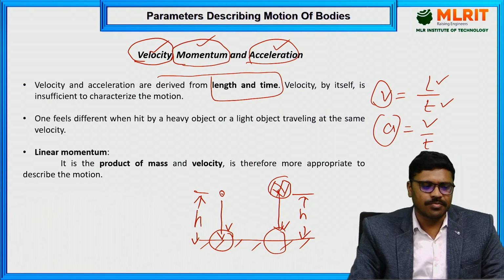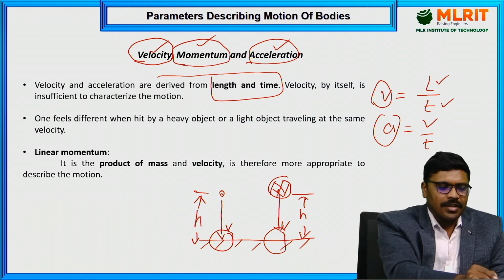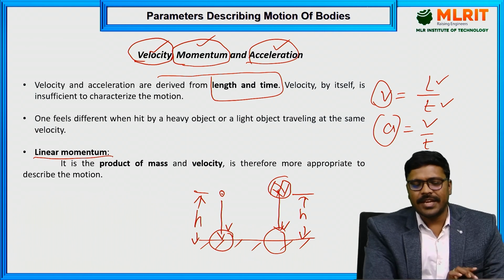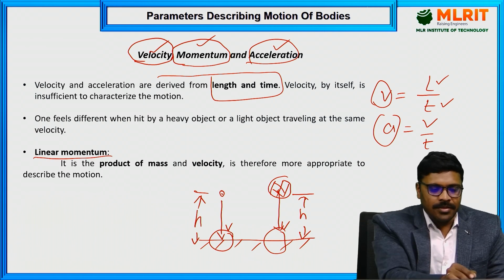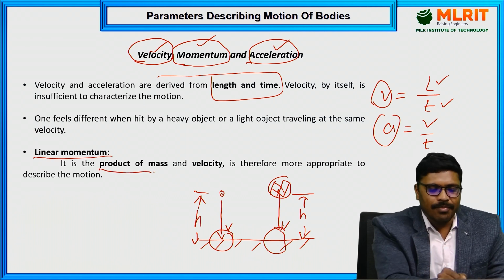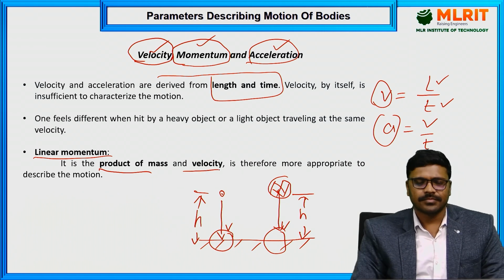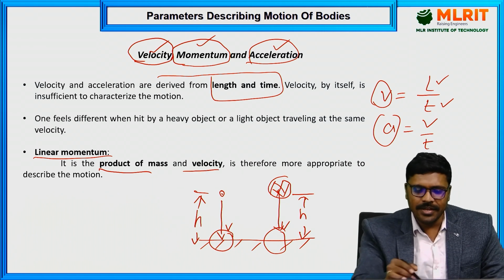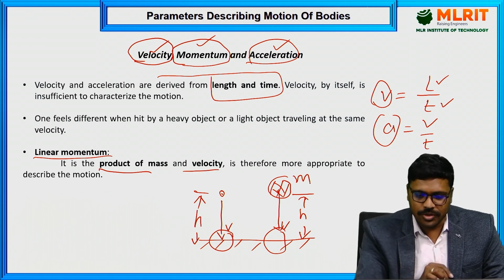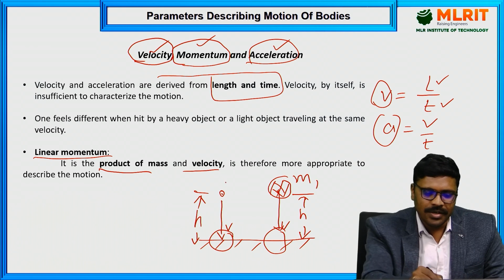So what is momentum? Momentum here is linear momentum. Here we discuss linear momentum. Momentum is the product of mass and velocity. If you consider the big stone, it has mass m1, and the small stone has mass m2.